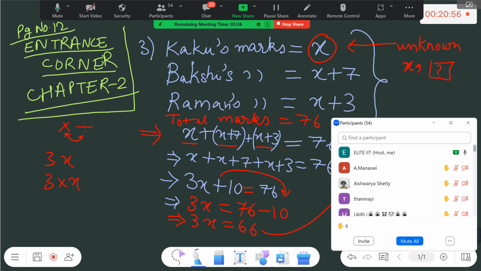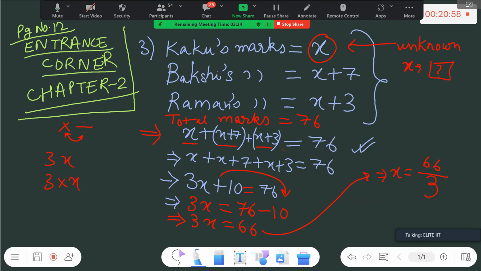Okay. So now, how much did you get? Since it is 3 into x here, the right hand side became 66 divided by 3. So x will be 22. What is 66 divided by 3? 22. So now we have got x equal to 22. But what do we have to find?